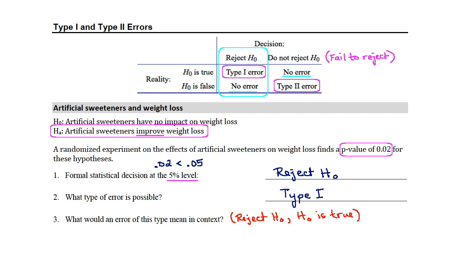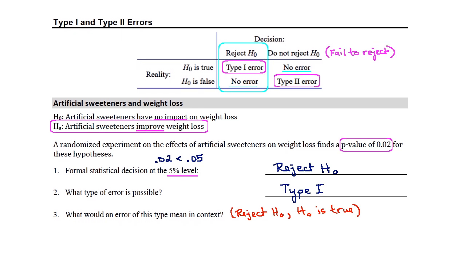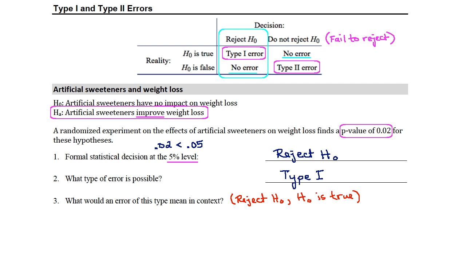A correct description has got to have both of those pieces. So let's write out in context what that means. To reject the null hypothesis means that we have found statistically significant evidence in support of the alternative hypothesis, which we can just copy the wording down exactly as it is. We have found statistically significant evidence that artificial sweeteners improve weight loss.